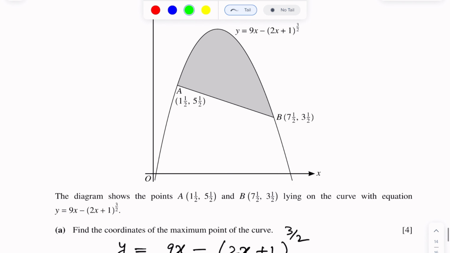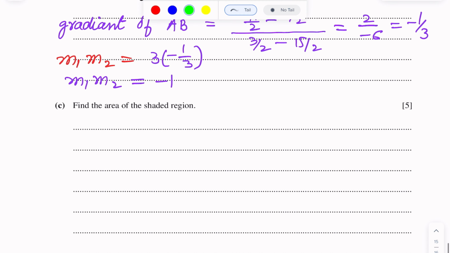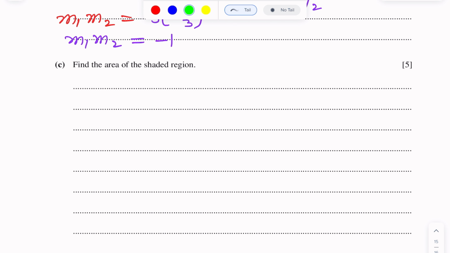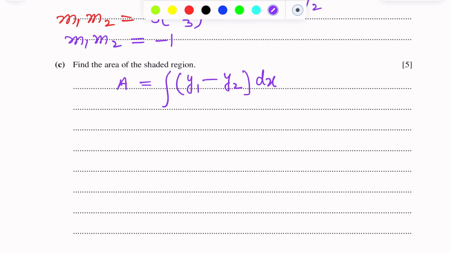So when the shaded region is bounded by a line and the curve, the formula for area will be integration of y1 minus y2 with respect to x.